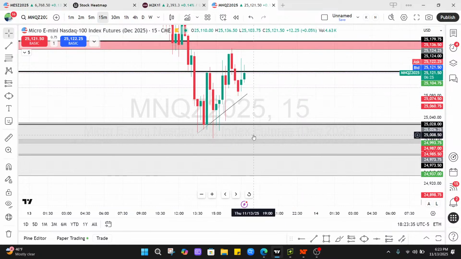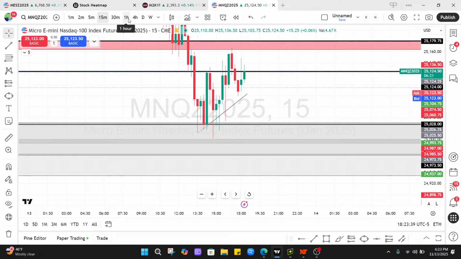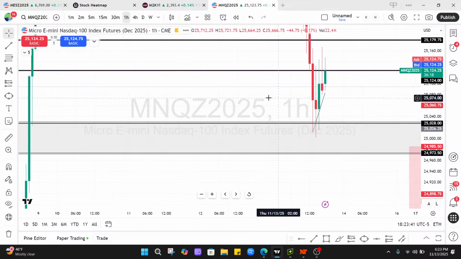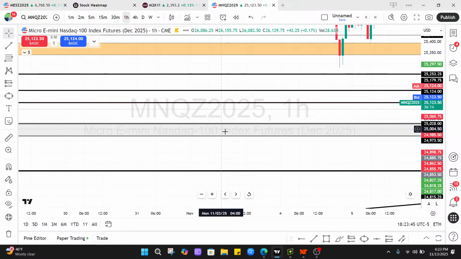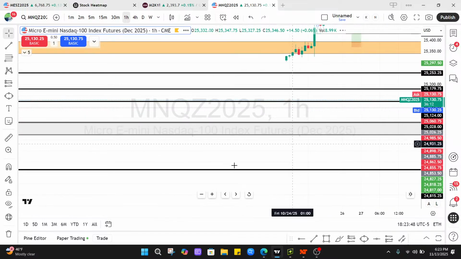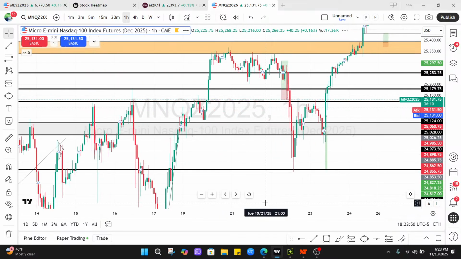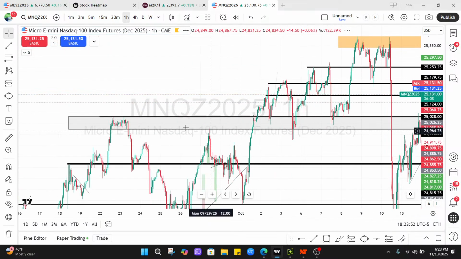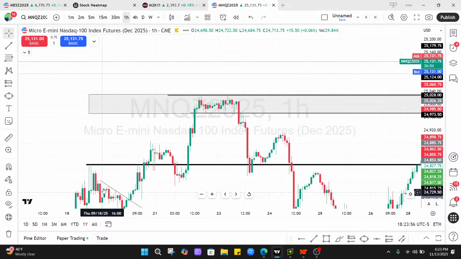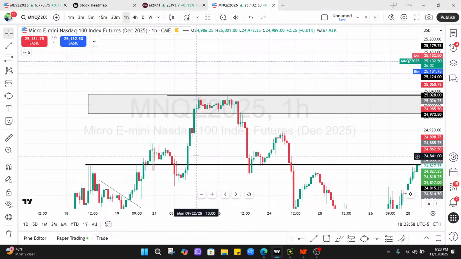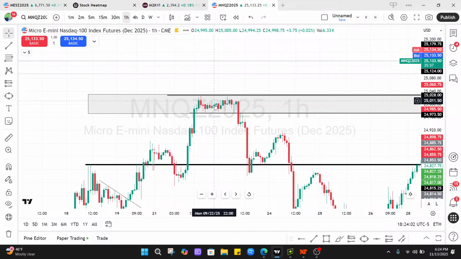And the reason that I got this highlighted in gray, let's just take one step back to the 1 hour and go back in time, and we can see exactly why I have this zone highlighted. It's going back to right here, from September 22nd. We had this choppiness.